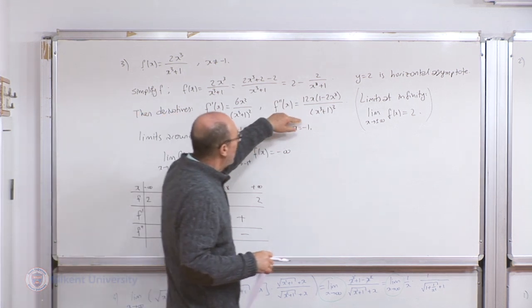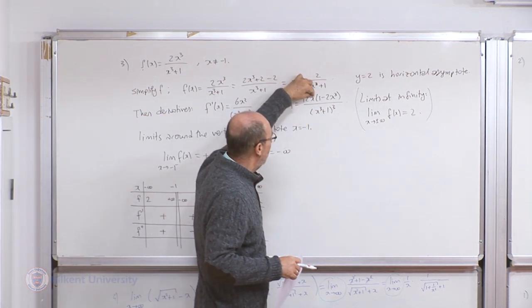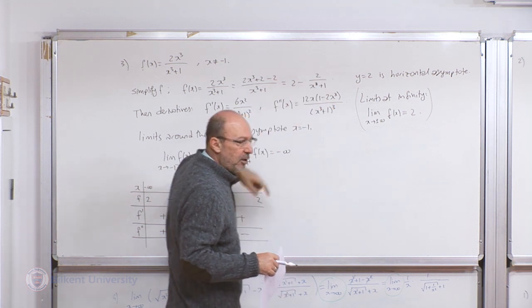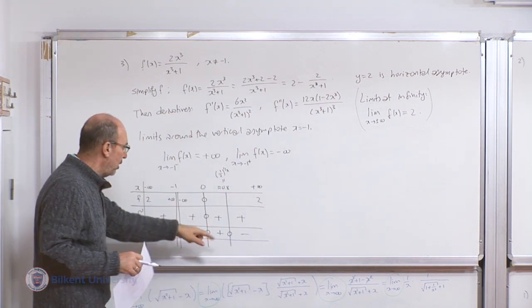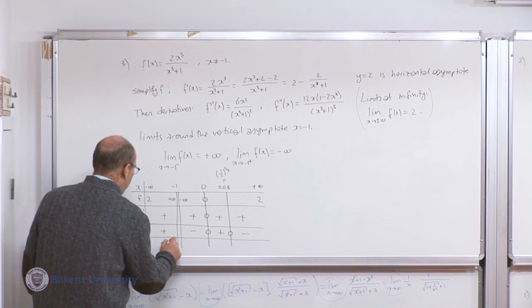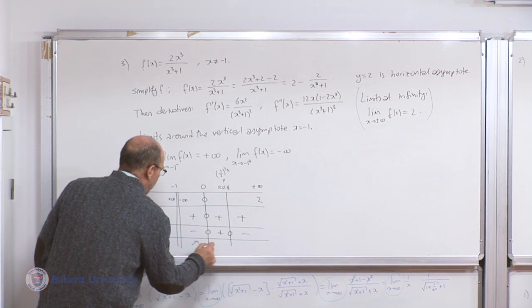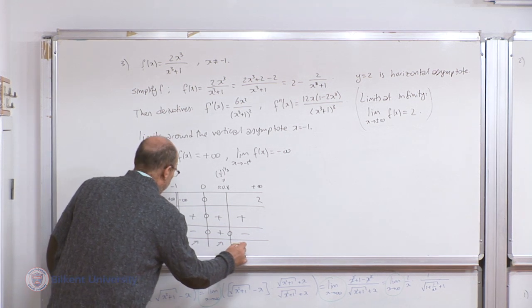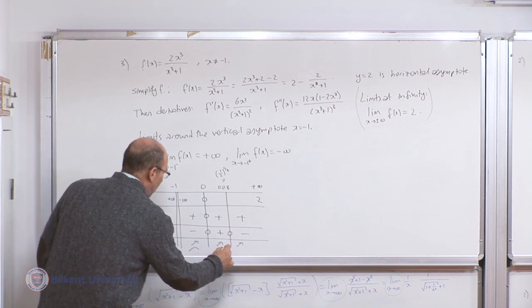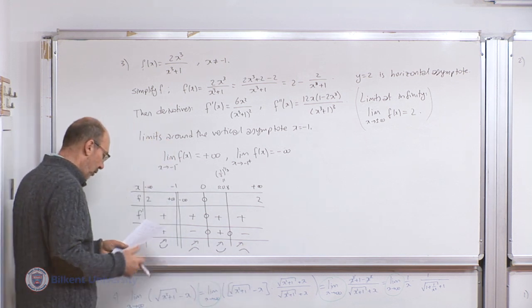So you see here you have to consider 3 things: the sign of x, the sign of this part, and the sign of the denominator. Okay, so you put these things together, you get these signs. So the function is increasing. The function is always increasing. It is concave up, concave down, concave up, concave down.